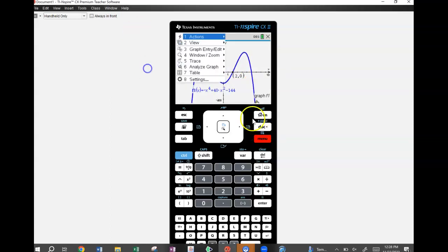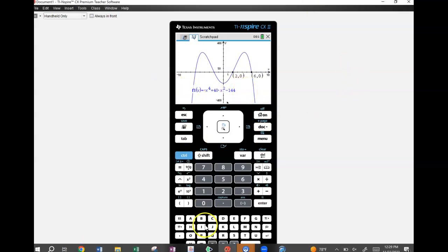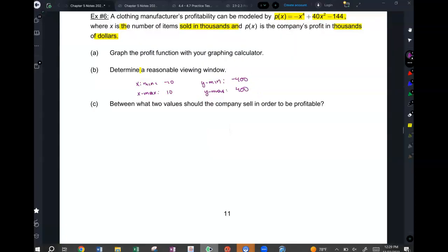This one is 2. And what's the other zero? 6. So between 2,000 and 6,000 items, because these are all in the thousands. Okay, so between 2,000 and 6,000 items. Okay. All right, so that's that.